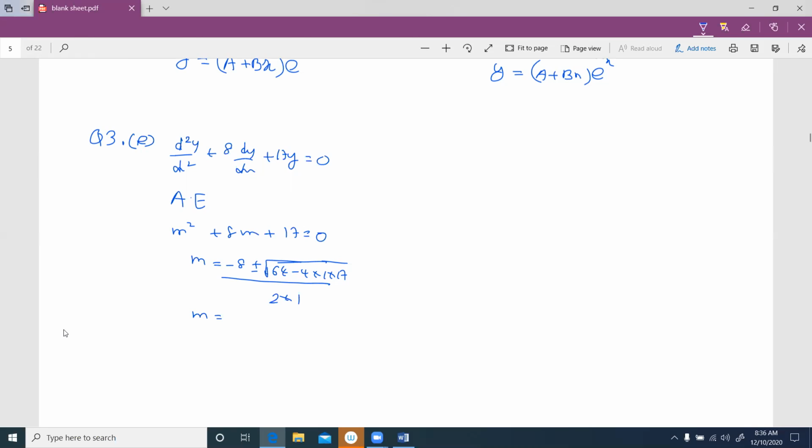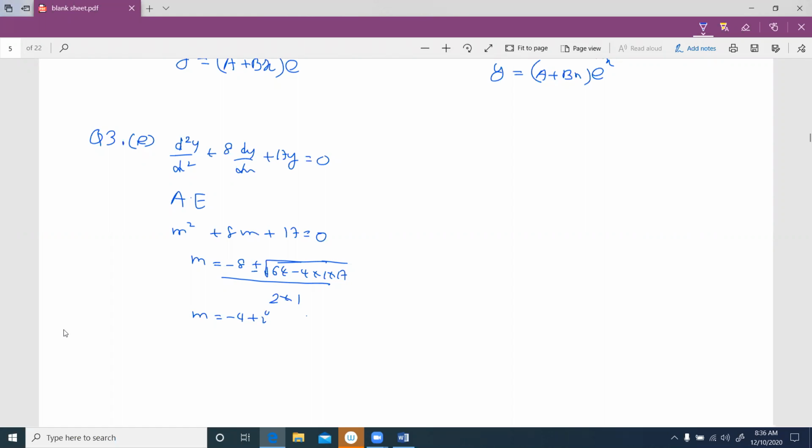So if you simplify this quadratic, you get the answer m equals minus 4 plus i.